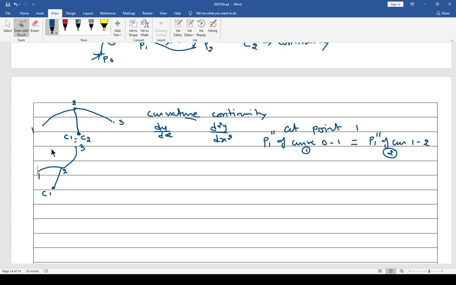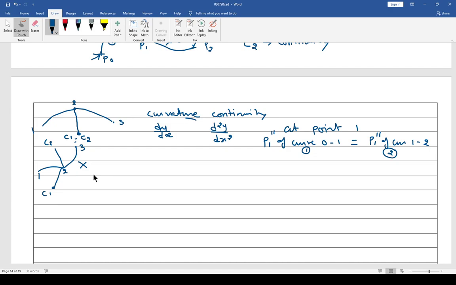For the 2 3 curve, this will be C2, isn't it? Both the curves are going in a different direction. So the meaning of that is, for both curves at point 2 there are two different instantaneous centers, and this is not a good situation.